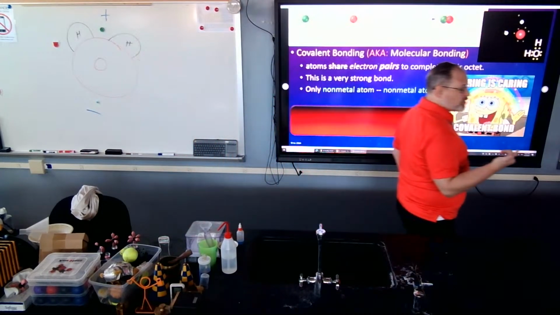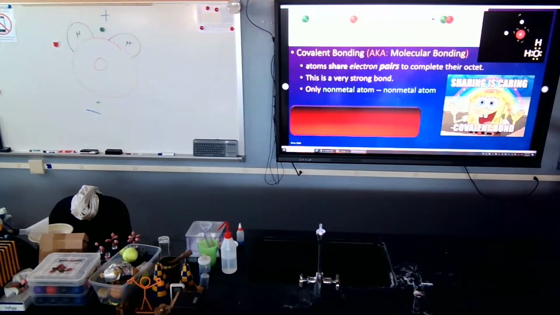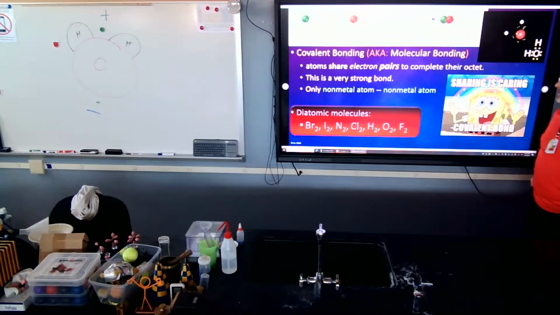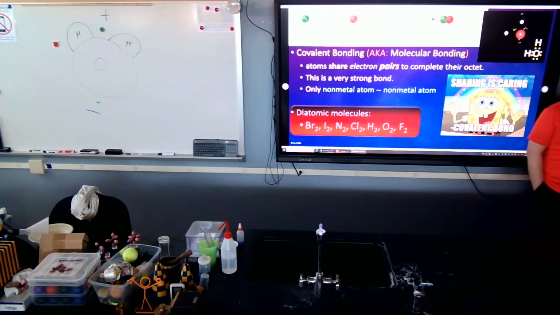Each species in the bond shares the same number of electrons as the other species in the bond. So you get shared electron pairs. This is why the diatomic molecules are the way they are. The 7 diatomic molecules occur because they share electrons with other species that are the same as them.